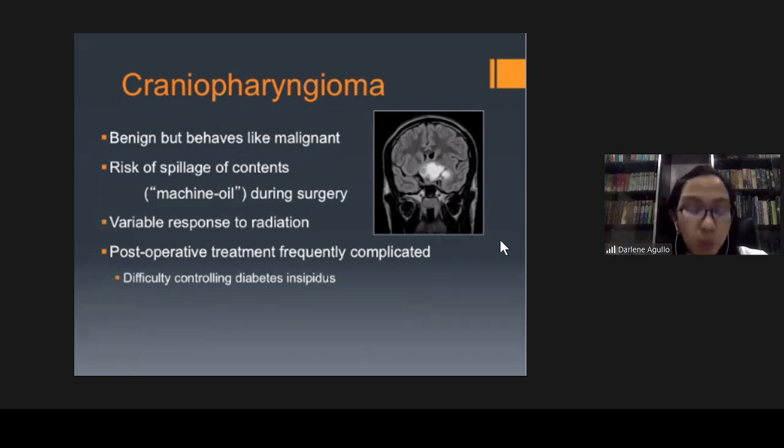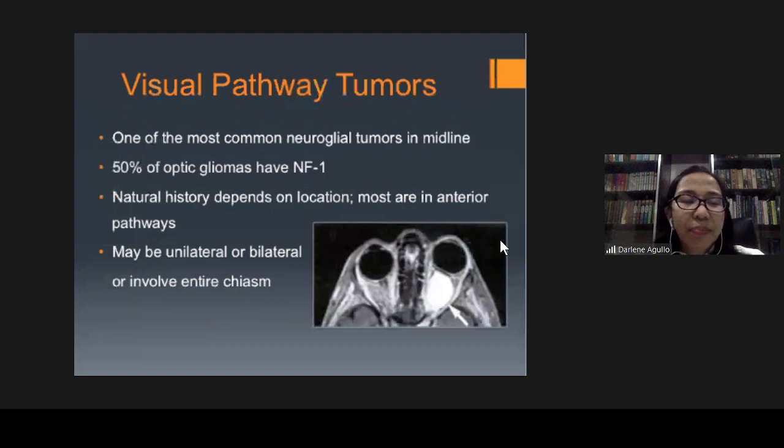And post-op, kailangan talaga ng neurointensive care. Grabe silang umihi, no? Diabetes insipidus, litro. Very difficult to manage post-operatively. Kaya I refer na lang my patients to Manila para meron silang neurointensivist na magha-handle post-operatively.